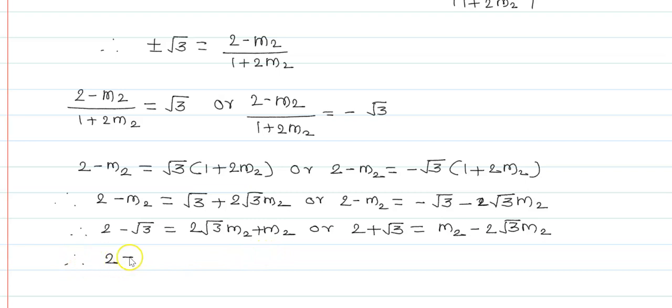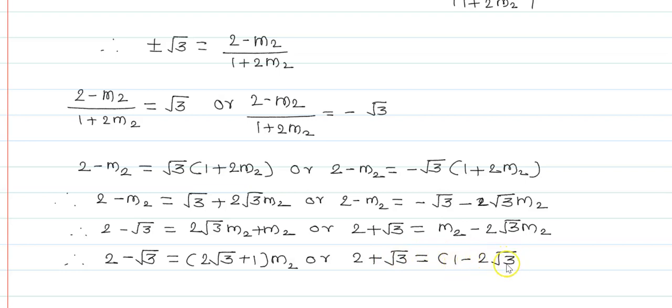Therefore 2 minus root 3 in bracket 2 root 3 plus 1 into m2, or again 2 plus root 3 in bracket 1 minus 2 root 3 into m2. Okay.